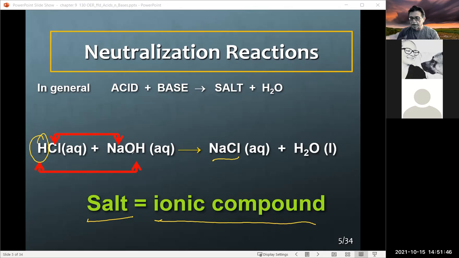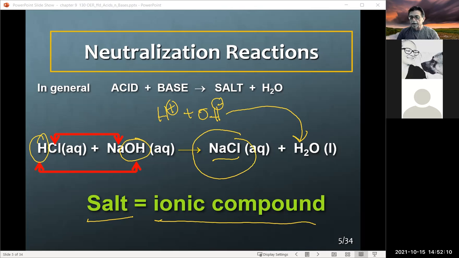If we take sodium hydroxide, like I showed in the previous slide, and put it in water, it will dissociate to produce hydroxide. As I stated earlier, the proton plus the hydroxide react together to form water. What's left over are the corresponding anion and cation. The cation of the base combines with the anion of the acid to form the salt. In this case, we form sodium chloride, but it could have been potassium chloride, or any other hydroxide that could have been utilized.